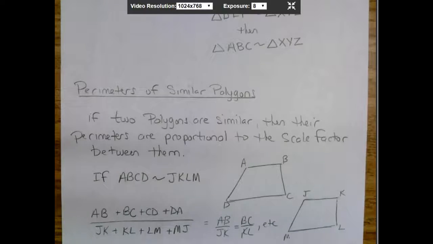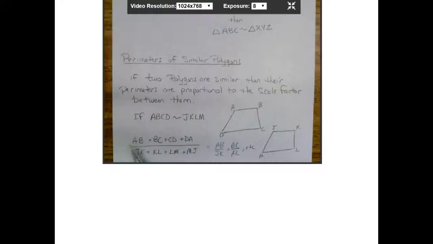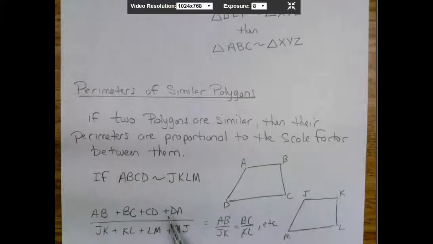So if we have these polygons ABCD and JKLM, we can take the perimeters, the outside, add them all together on the top, and add them all together on the bottom. Comparing them, the ratio of the perimeters should be equal to the scale factor of any of the sides. So if we compare AB to JK, it should be the same. That's called the perimeters of similar polygons.